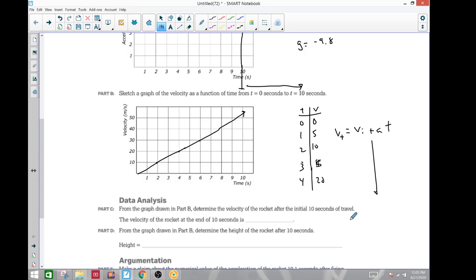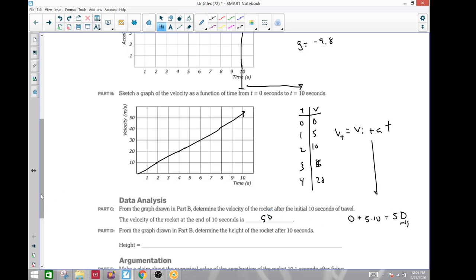So 0 plus 5 meters per second squared times 10 seconds. So 5 times 10 should just be 50. Meters per second. 50 meters per second. And that just goes right here.